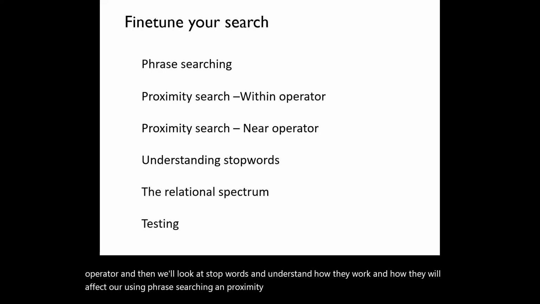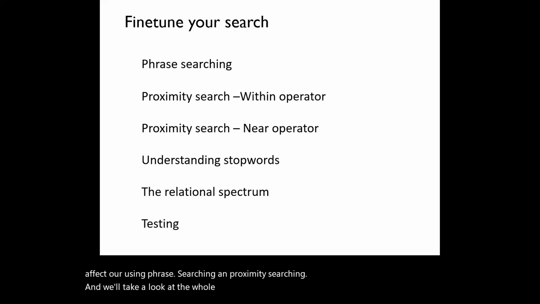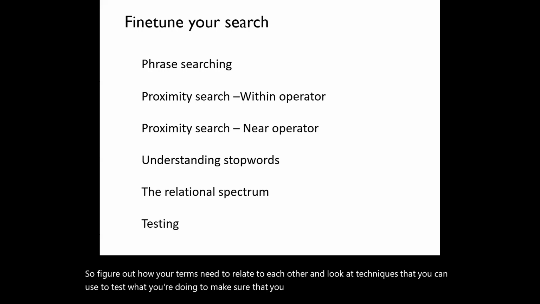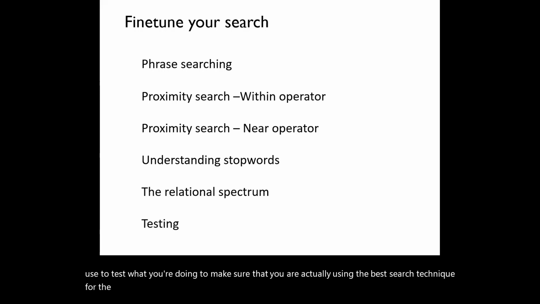And we'll take a look at the whole relational spectrum that you can use to control your search. So figure out how your terms need to relate to each other and look at techniques that you can use to test what you're doing to make sure that you are actually using the best search technique for the terms, for the concepts that you're after at the moment.